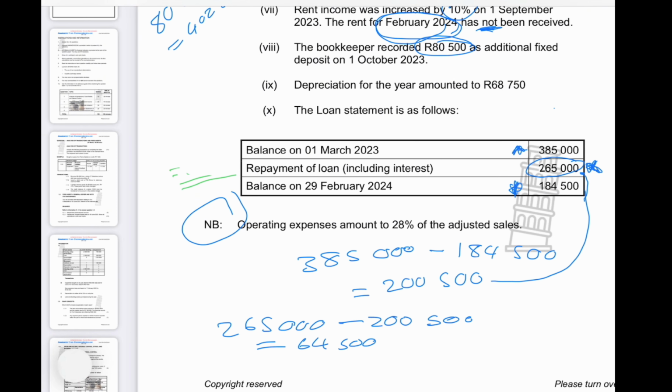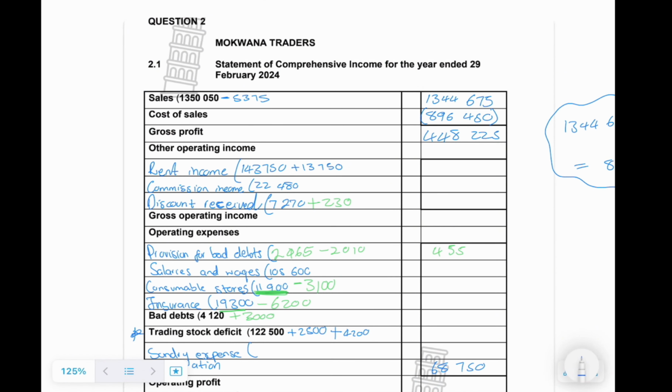Operating expenses amount to 28% of the adjusted sales. Okay? So we already adjusted our sales, and they are saying to us that operating expenses is 28% of our adjusted sales. Here's our operating expenses.